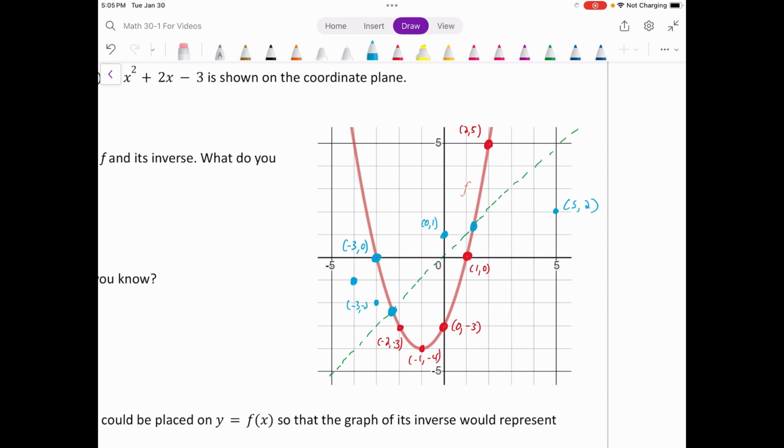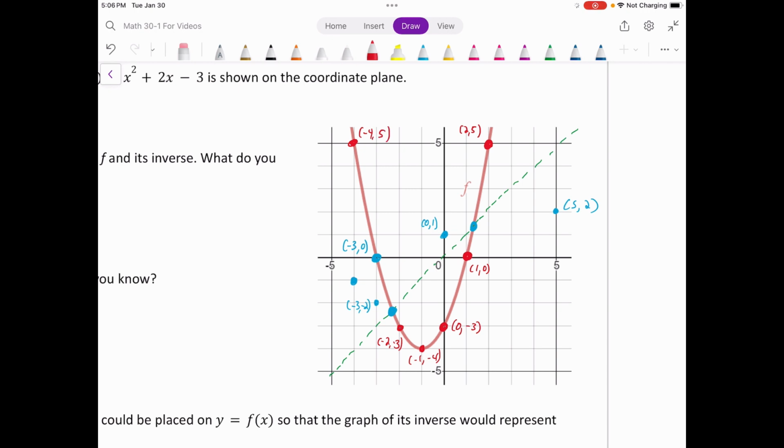Notice again how all of these look like reflections in the line y equals x, because they are reflections in the line y equals x. Every point on the inverse has an equidistant point, its corresponding point on the original. All right, any more we can get here? How about (-4, 5)?